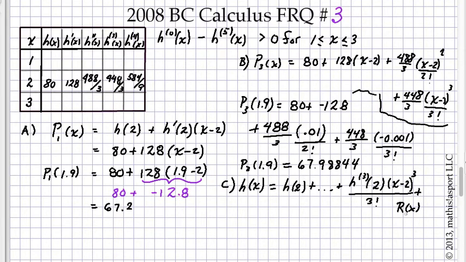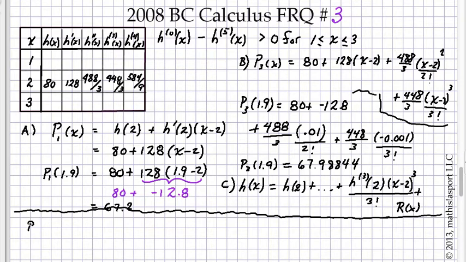And what we're told is that, I'm just going to partition off this much of the answer space. What we know is that the remainder term is equal to the fourth derivative at some value between the point where we're expanding the series about and the point that we're measuring.